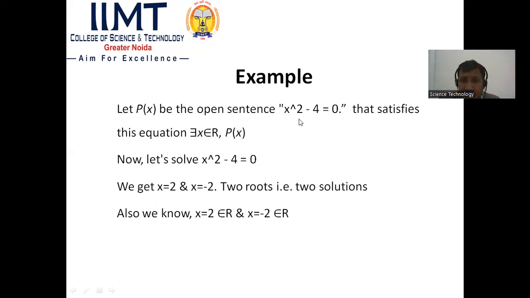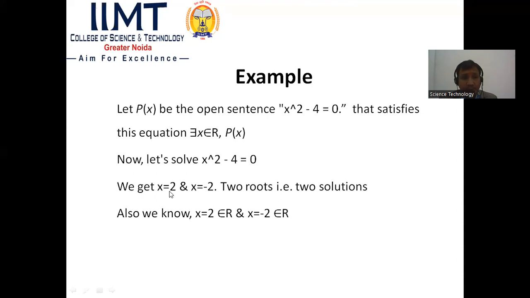We are solving this quadratic equation, and we are getting the values for x as plus 2 and minus 2, two roots or two solutions of the equation x squared minus 4 is 0.